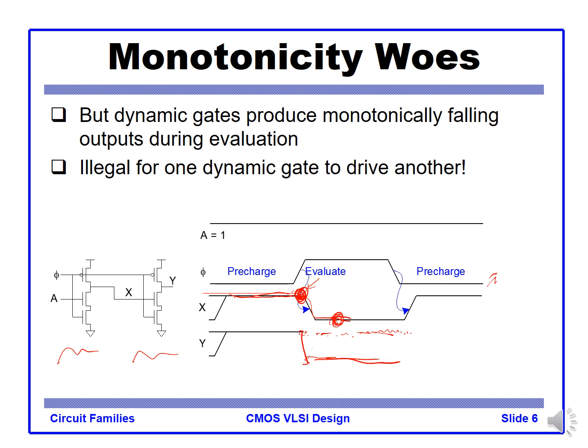So this is a very narrow window of this kind of wrong operation. We cannot protect the output Y to stay high. So we want to avoid this kind of dangerous spot.